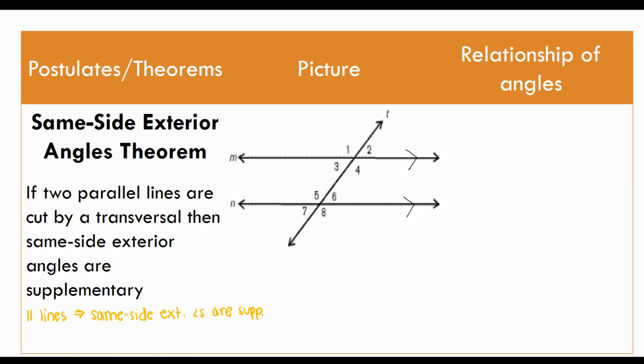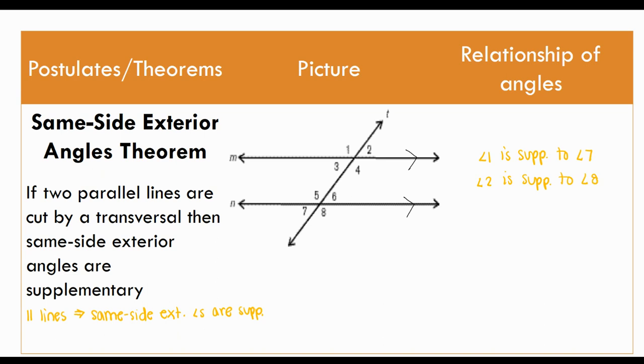Okay, so looking at our picture, we've got M and N are parallel. Notice that 1 and 2 are exterior, so are 7 and 8. But same side exterior means that angle 1 is supplementary to angle 7. And then angle 2 is supplementary to angle 8.